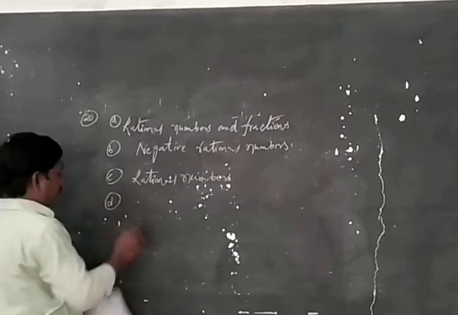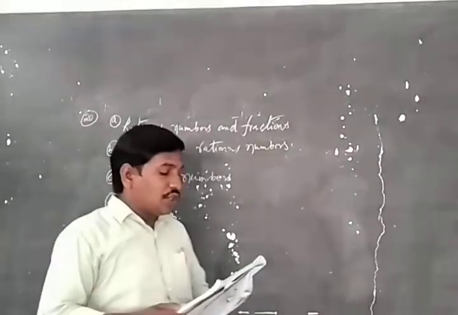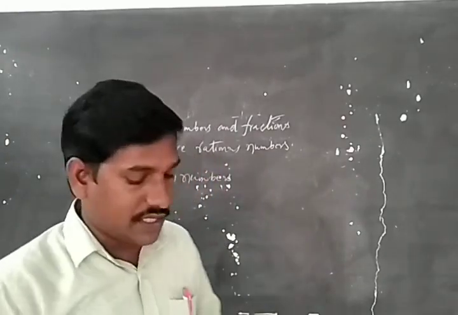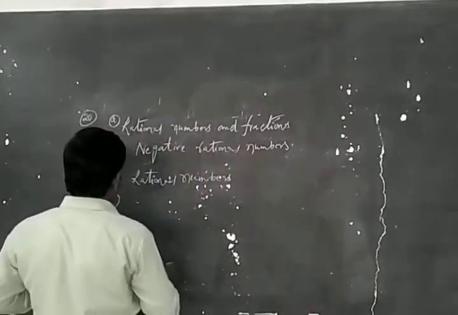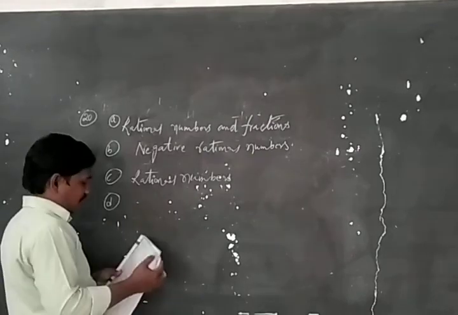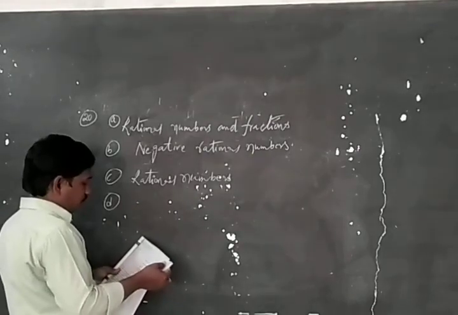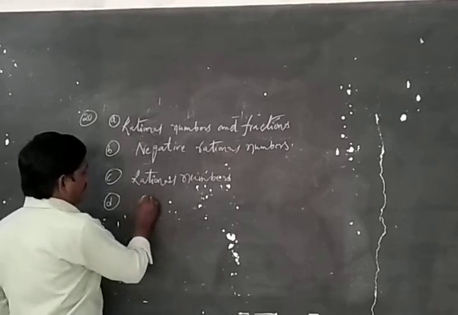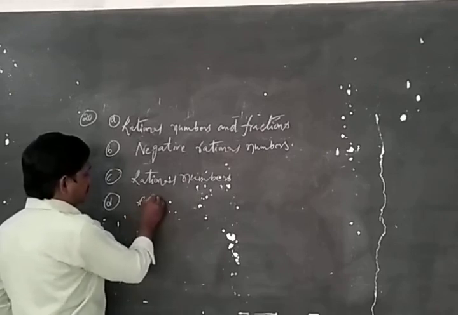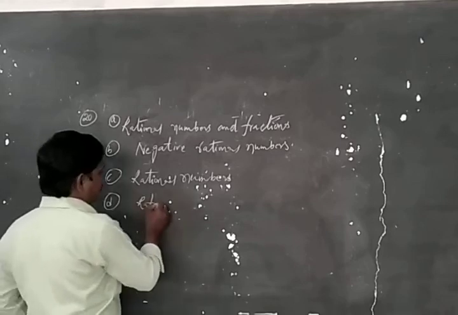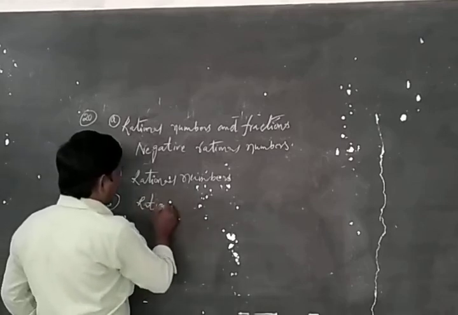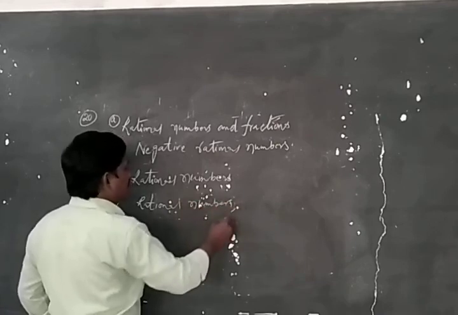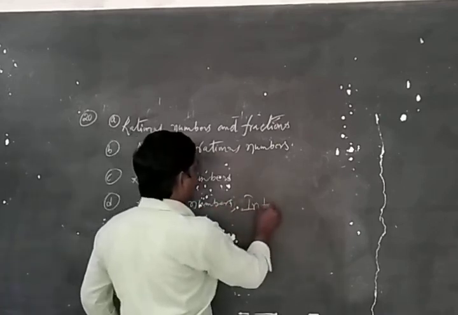Next D: 3, 4, 3, 15, 27 are integers. You can say rational numbers also. So rational numbers, integers.